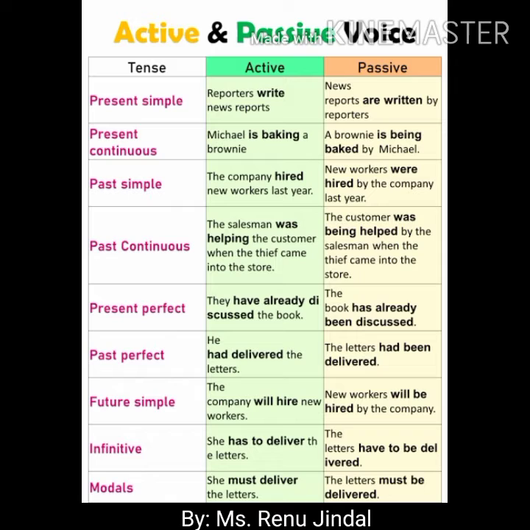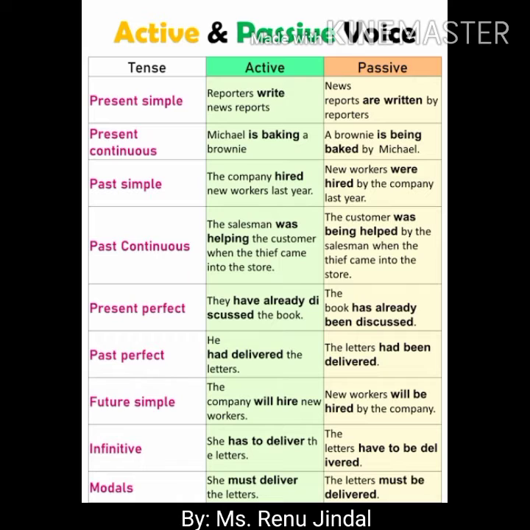The company will hire new workers. New workers will be hired by the company. Okay, in case of present and past perfect, we use has, have. But in case of voice, we use been along with the third form of the verb. Why? Because the third form of the verb is already the rule of perfect tense. And for passive voice, another third form of the verb is the rule of passive voice.